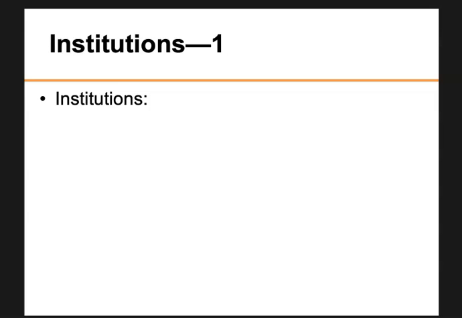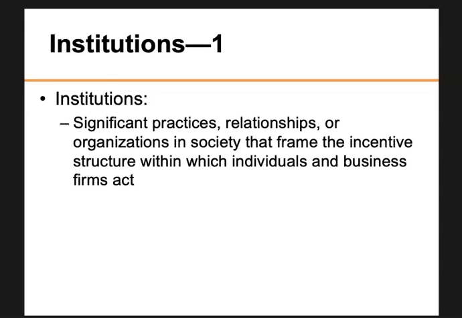We already discussed institutions at length in the previous chapter, but let's summarize one more time what institutions are. Institutions mean significant practices, relationships, or organizations in society that frame the incentive structure within which individuals and business firms act. So basically, it makes technological advancement part of the decision-making process. We want to have growth, we include innovation and technological advancement in the model, and then we benefit from it.